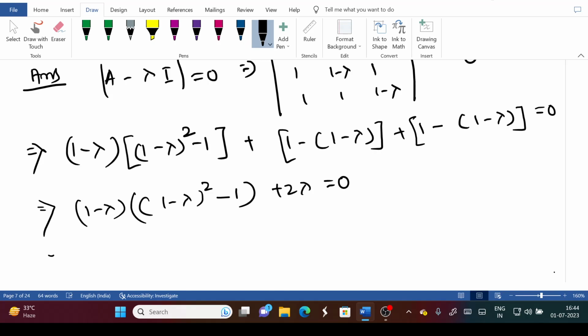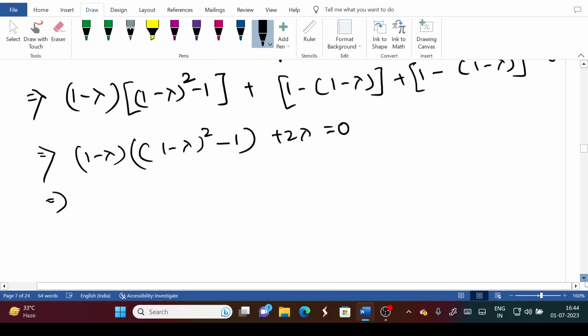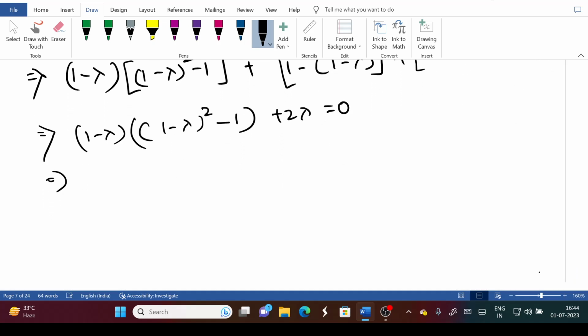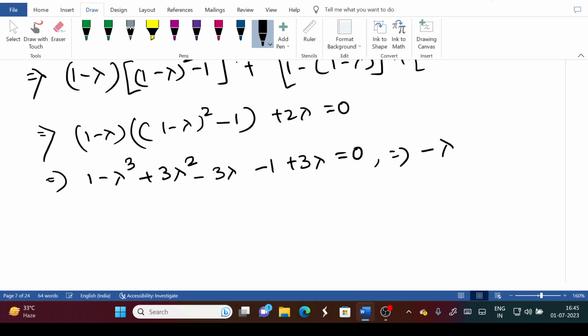That implies (1 minus lambda) cube plus 3 lambda minus 1 is equal to 0, expanding gives minus lambda cube plus 3 lambda square, which implies lambda square (3 minus lambda) is equal to 0. So the eigenvalues are 3, 0, 0.